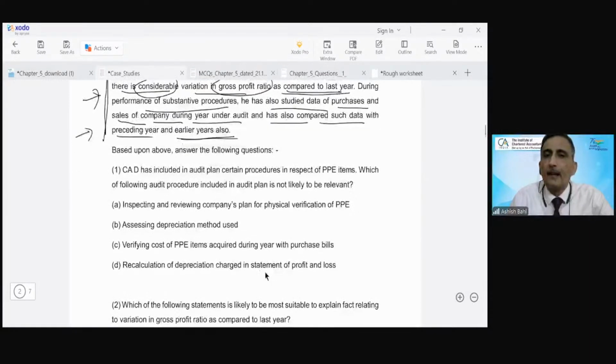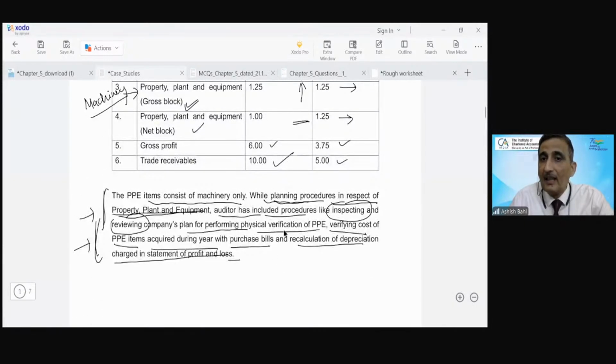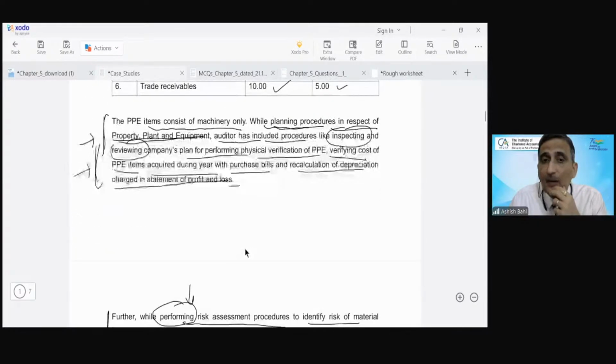Now we read question number 1. The CA has included in the audit plan certain procedures in respect of PPE items. While he was planning, he had included certain procedures like inspecting and reviewing the company's plan, verifying cost of PPE items, recalculation of depreciation.